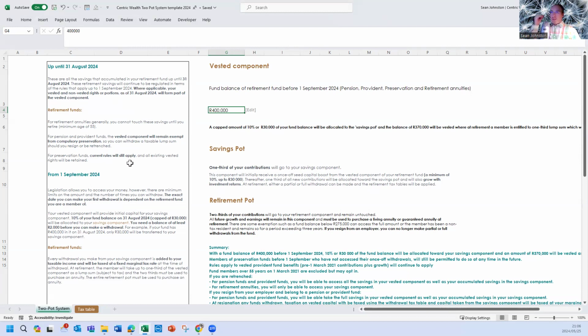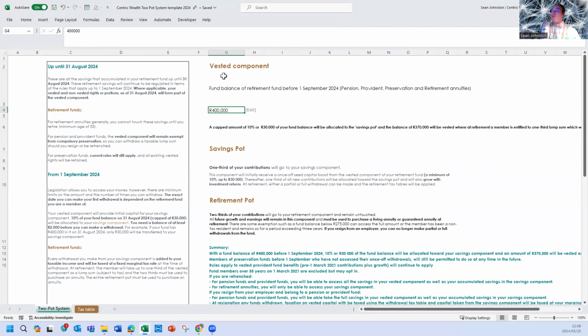But I just want you to understand that all the rules applied up until the 31st of August will be applicable to that set amount that is vested. And they should give you statements from your employer showing you what is the vested component, what is the savings pot, retirement pot from that date, so that you know.